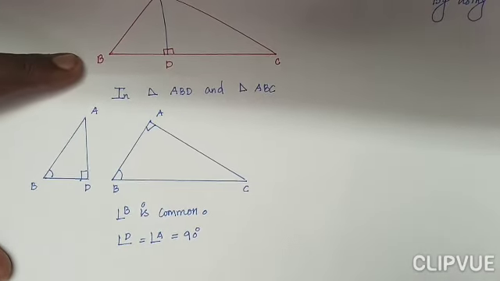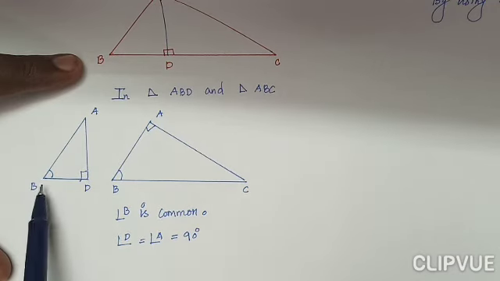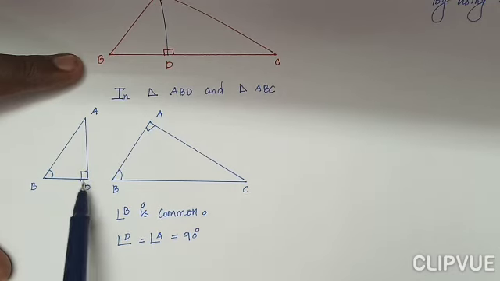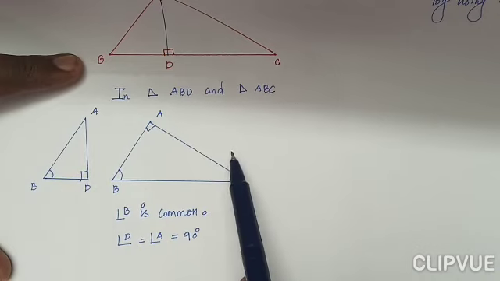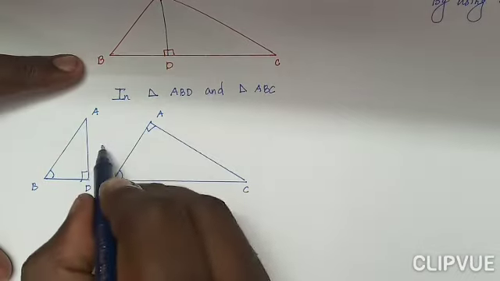You have learnt the angle similarity criteria: if two angles of one triangle are respectively equal to two angles of another triangle, these two triangles are similar.